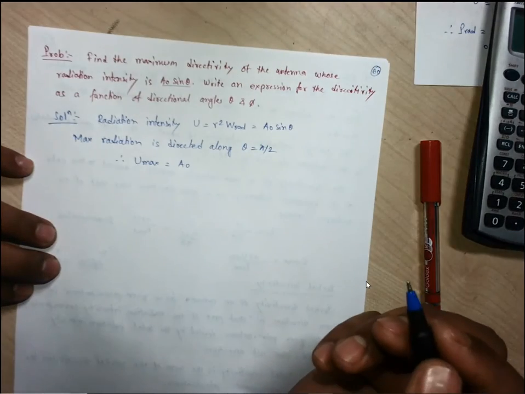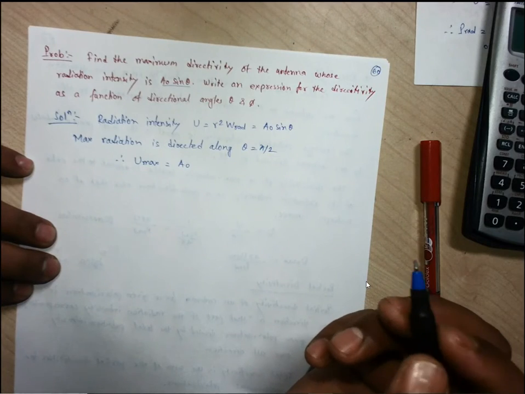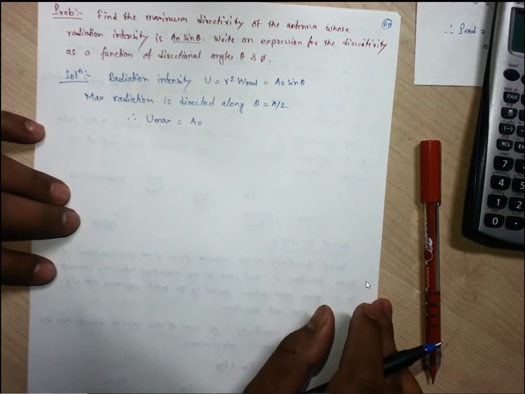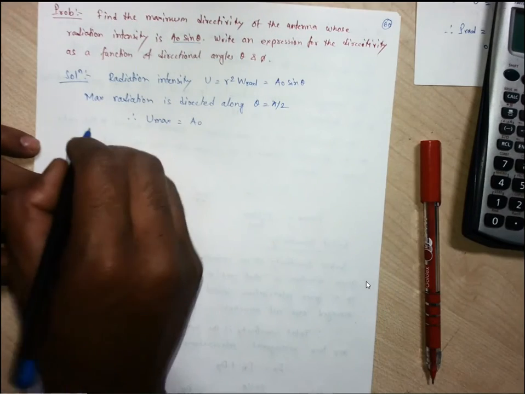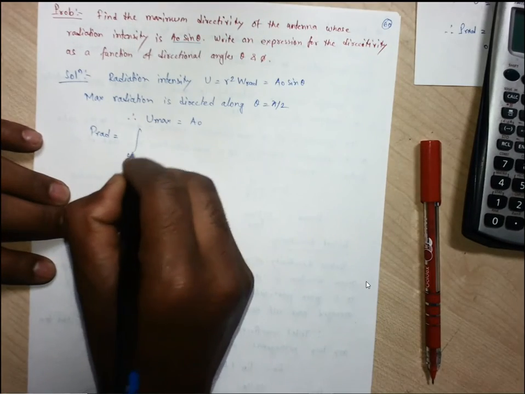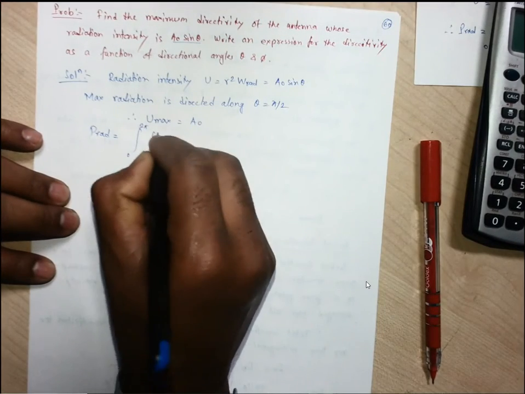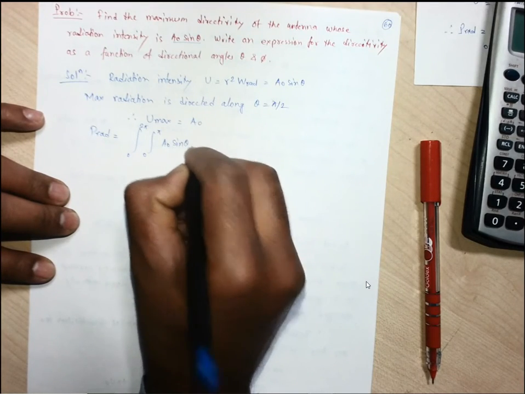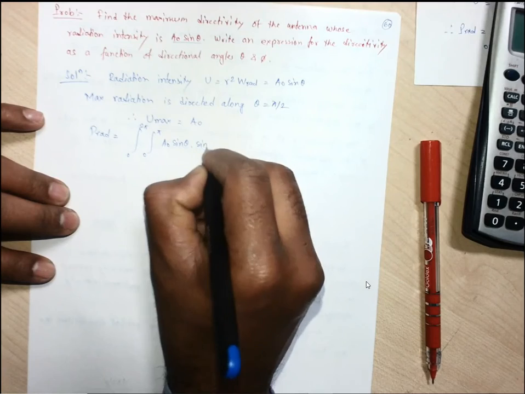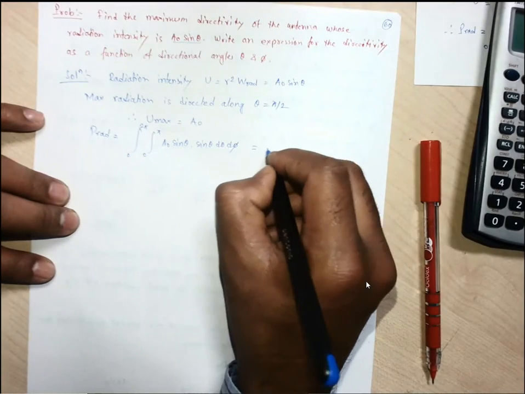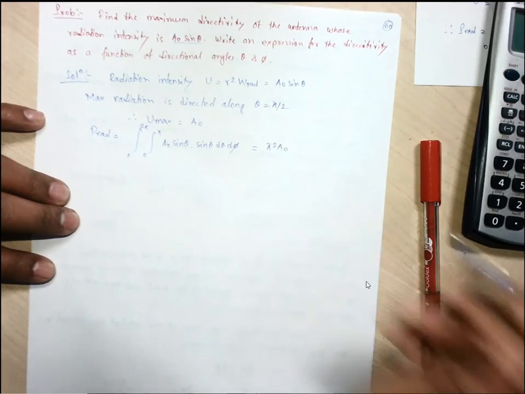So we need to find out maximum directivity. For finding out maximum directivity, we need maximum radiation intensity. So what will be this P rad? We can find it out: integral 0 to 2 pi, 0 to pi, U given as A naught sin theta d omega, where d omega is sin theta d theta d phi. So it is pi square A naught.